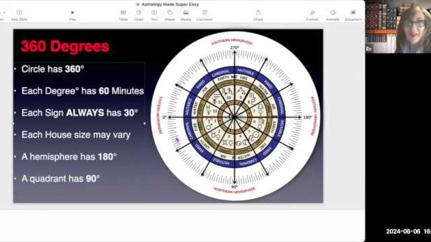also are like a coin. So they're flat and they have a coin. So it's like, this is a coin. So you have a negative and a positive side to each sign, house, and planet.